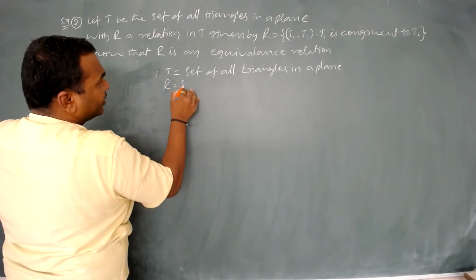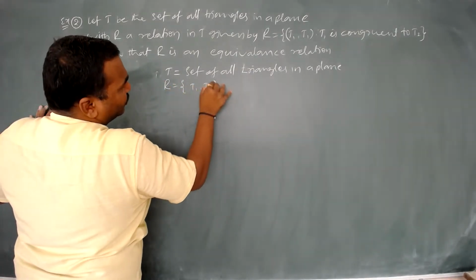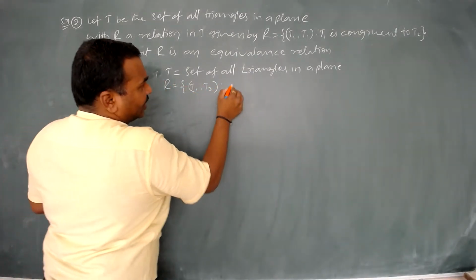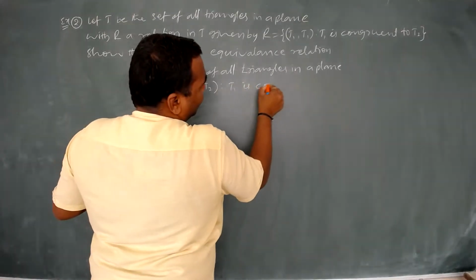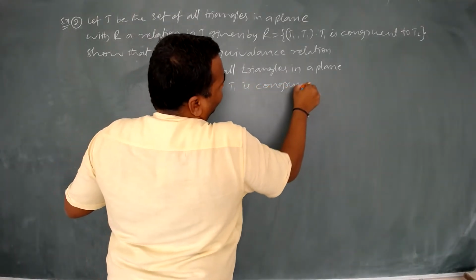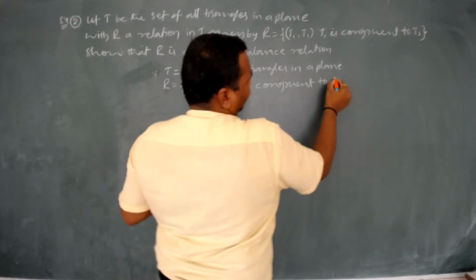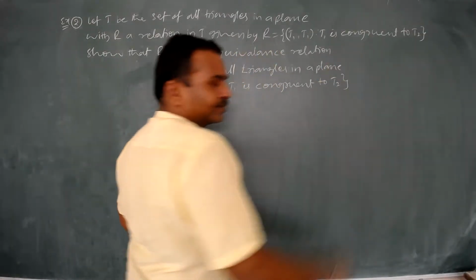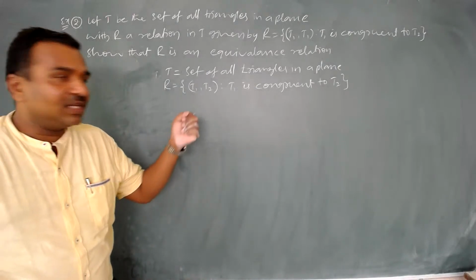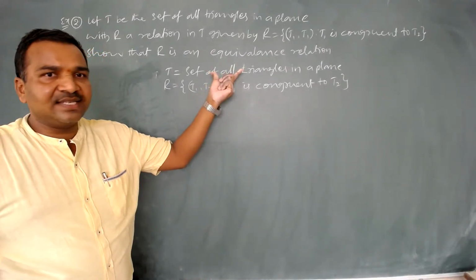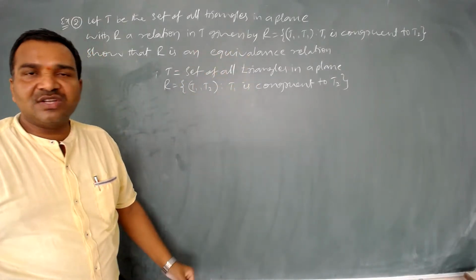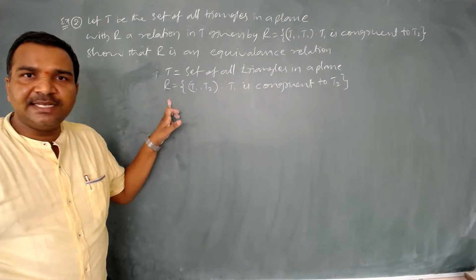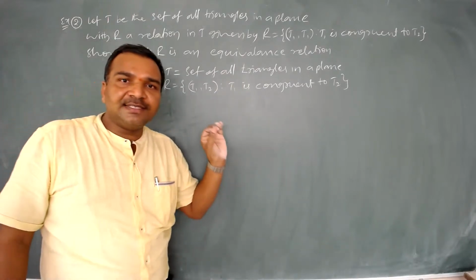Relation, how do they define it? T1 comma T2 such that T1 is congruent to T2. This is the given relation. This is the given set. Using these two pieces of information, now we have to prove the relation is an equivalence relation.